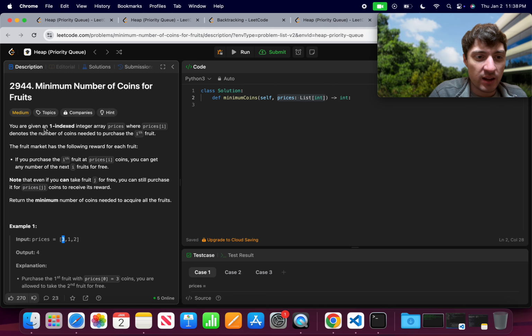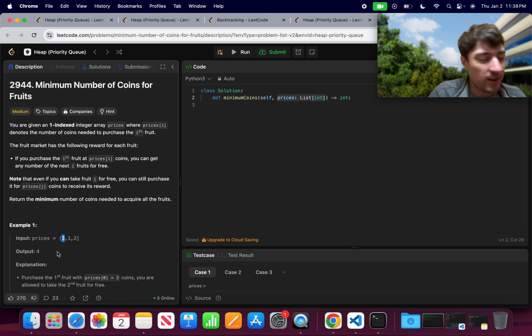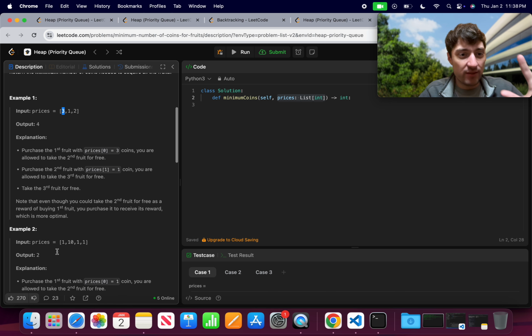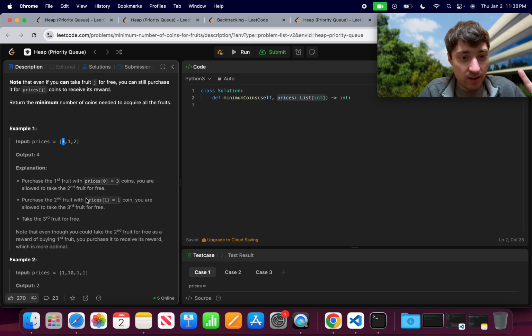You are given a, not a 1 indexed, a 1 indexed integer array. And it's not 1. Fine, whatever. It's not. And look, does that look 1 indexed to you?